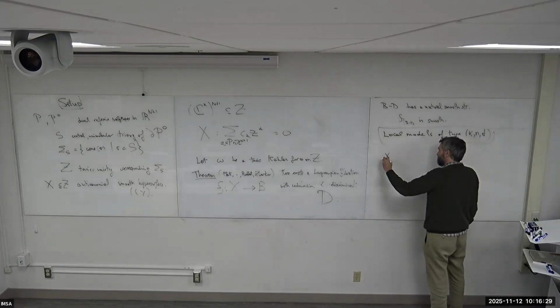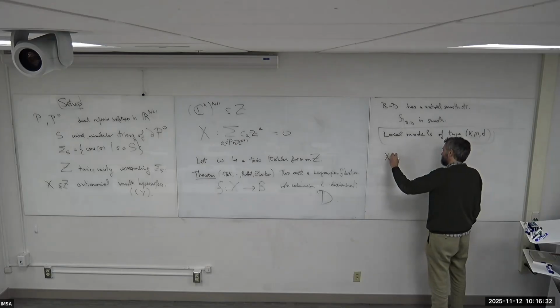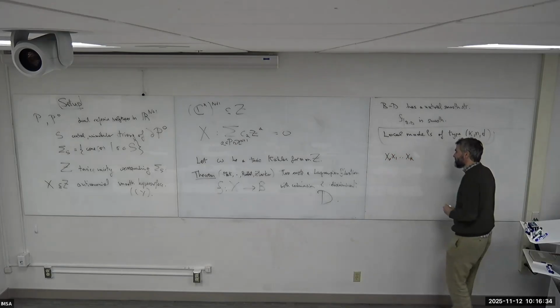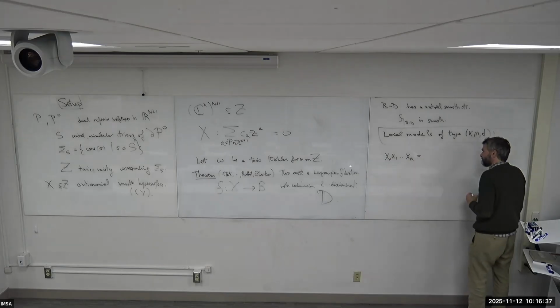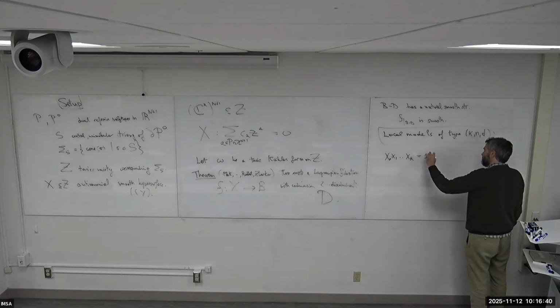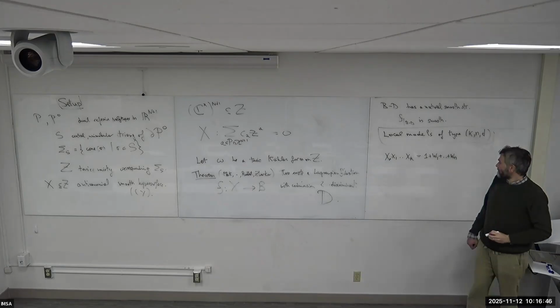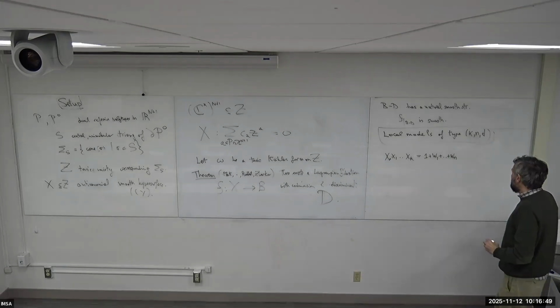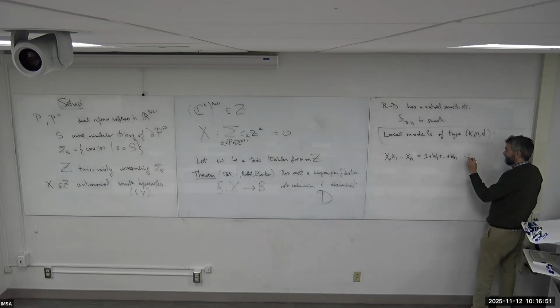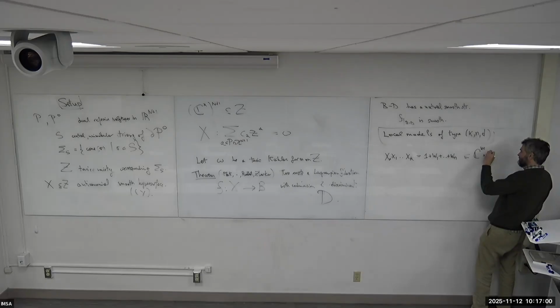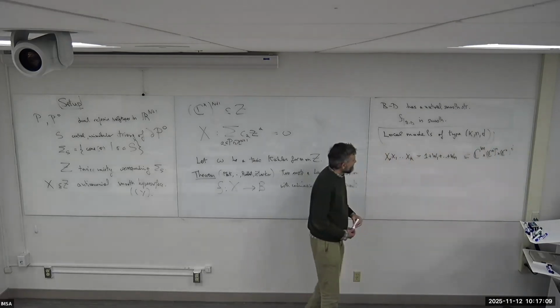You consider this equation, x0 times x1 times ... times xk equal to 1 plus w1 plus ... plus wn. And then we look at this as something inside C^(k+1) times (C*)^n times (C*)^d.